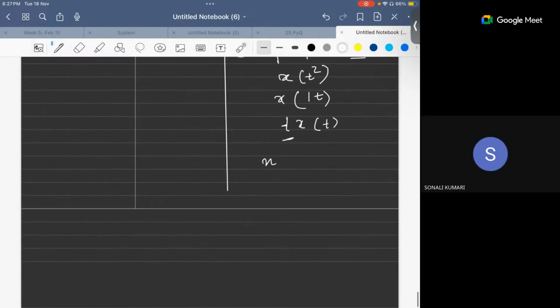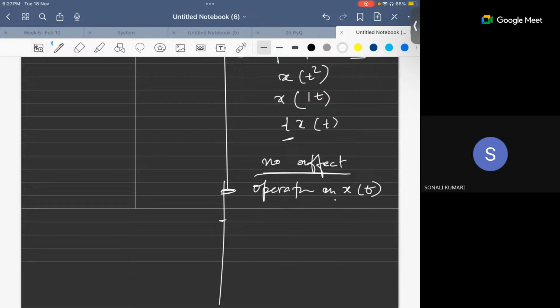What are the factors that will have no effect on time invariance? Any operation on x of t is not going to make any difference to the time invariance or time variance of a system. And shifting will not have any impact on the time variance or invariance of a system. In linearity, any operation on t will not have any impact.